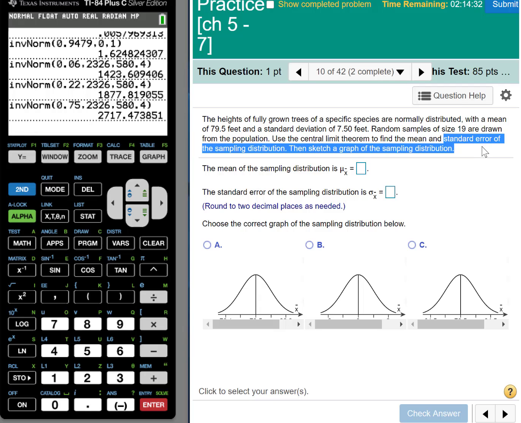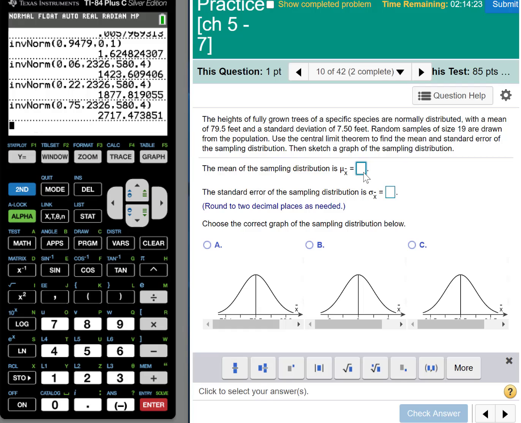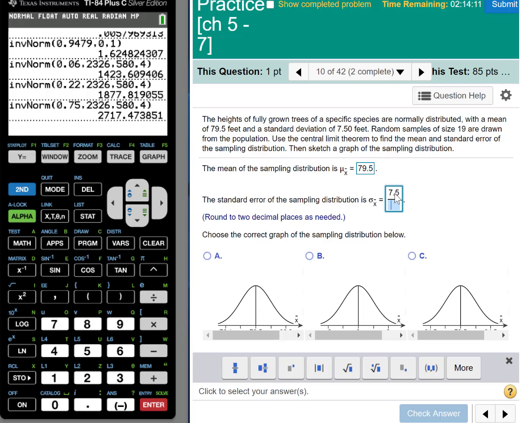Standard error of X bar, guys, means the standard deviation of the sampling distribution, which is the original population standard deviation divided by the square root of n. So the mean of X bar will be 79.5, and the standard deviation of X bar will be 7.5 divided by the square root of 19, which is the sample size.